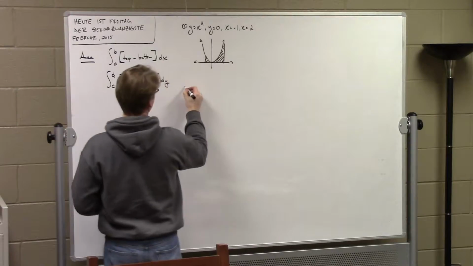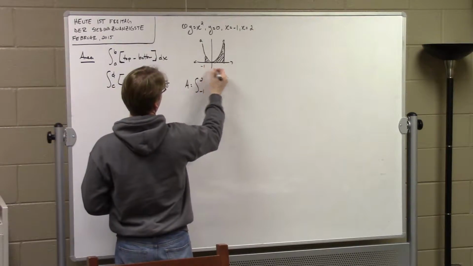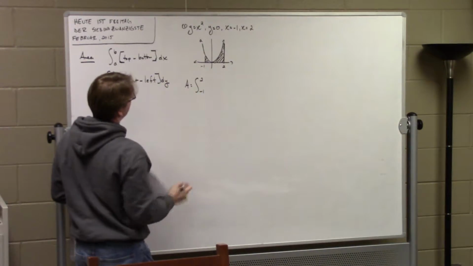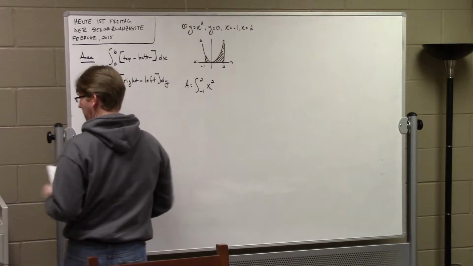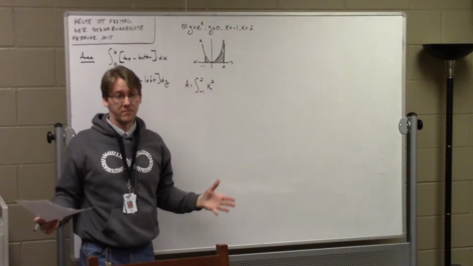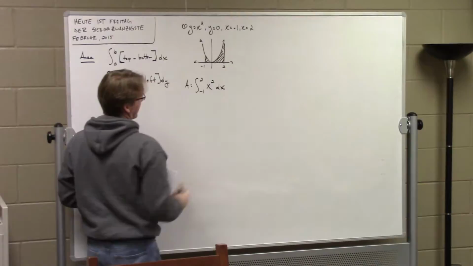So the area for this one is going to be from -1 to 2 of the parabola. You could put the bottom function, which is 0, but doing a -0 doesn't really help or hurt anything in that problem. So there's the setup.